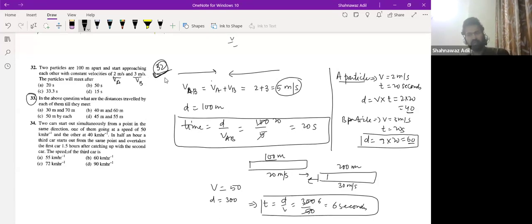And then we'll move on to the next topic, which is motion in 2D. Yes, whenever you have noted, and if you have any doubt in this one, please tell.